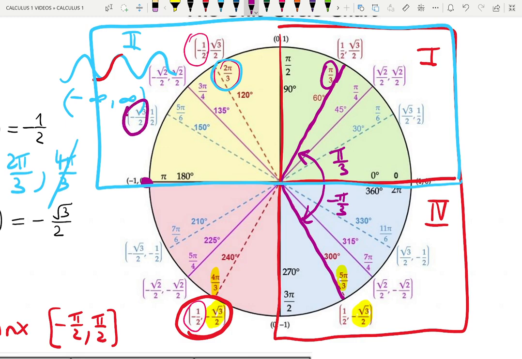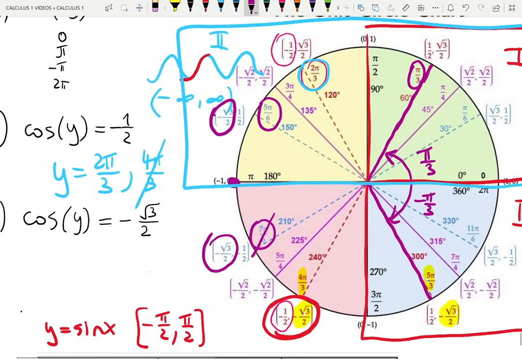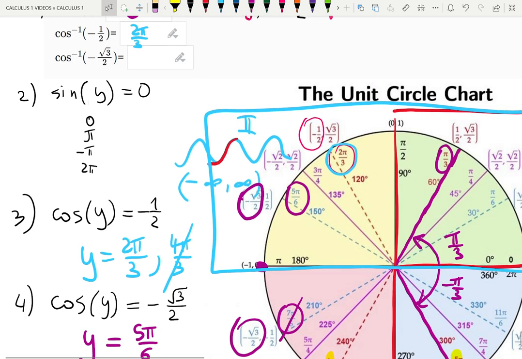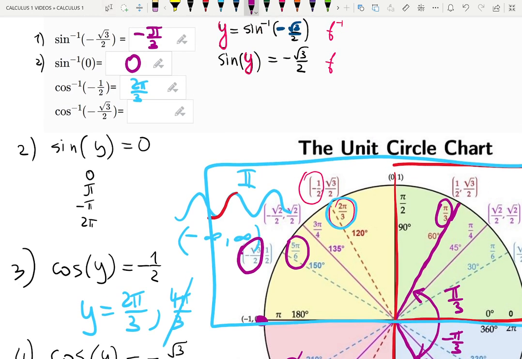Negative square root of 3 over 2 happens at 5 pi over 6. And it also happens at 7 pi over 6, which we're not going to be including because we're looking at the first and second quadrant. The answer is 5 pi over 6.